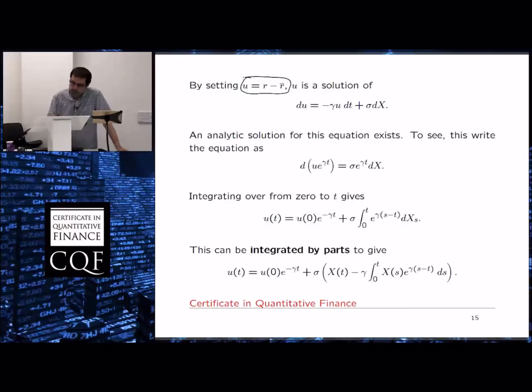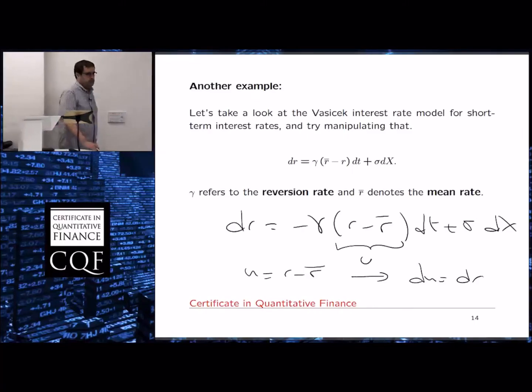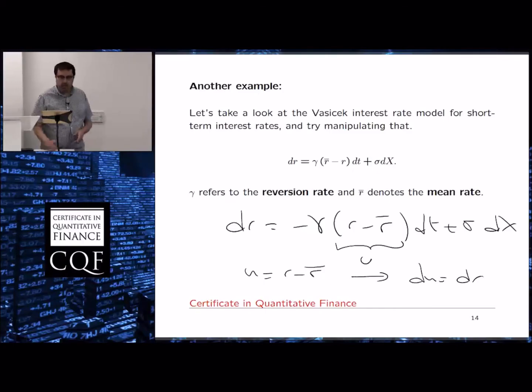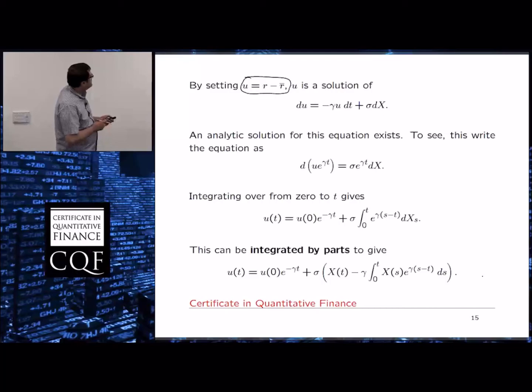In other words, on the previous slide, over here, we're saying that this is equal to U. So if U is equal to R minus R bar, and R bar is fixed, that gives us that dU is equal to dR. Agreed? And what we end up with is this nice looking smaller stochastic differential equation given by this.